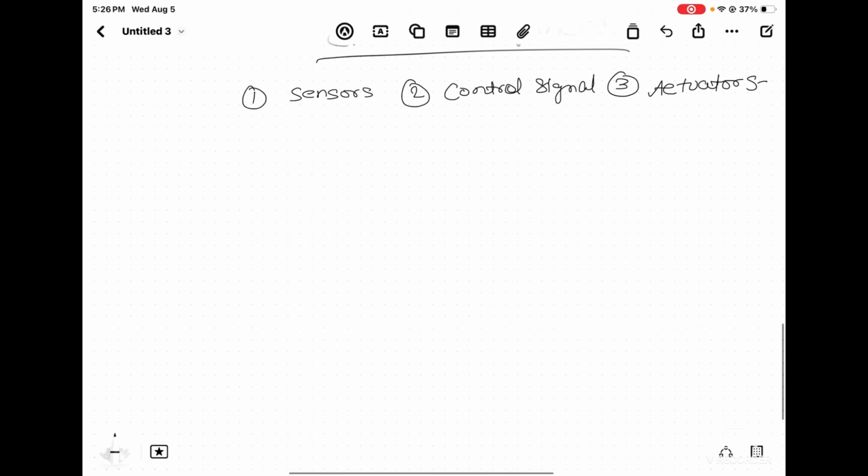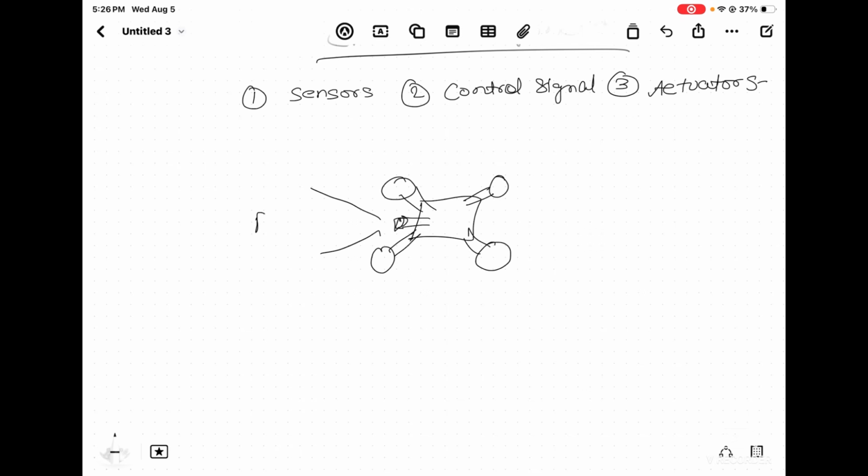So what is a sensor? For example, you have a drone. The drone has a camera mounted here, so it perceives vision.